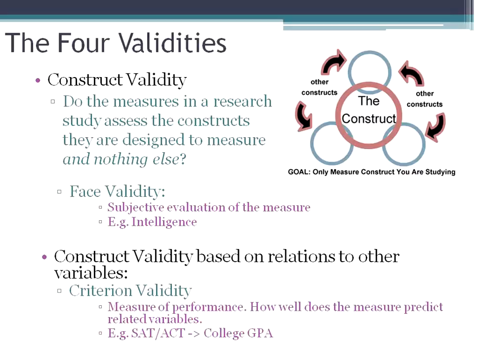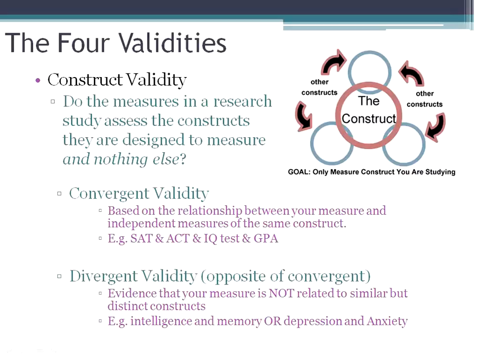Their freshman year GPA, for example. Okay. So if I know your score on the ACT, then that should tell me something. I should be able to predict how well you're going to do in college. Now, convergent validity is relationships between your measure and independent measures of the same construct.